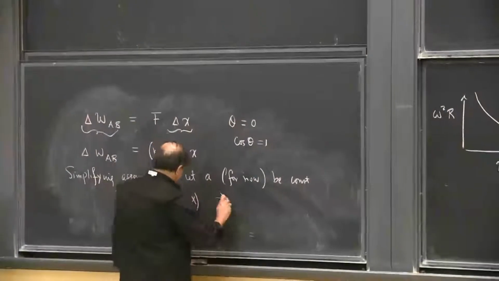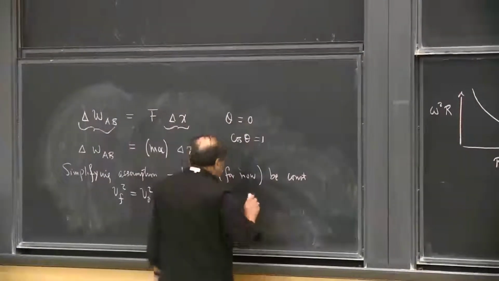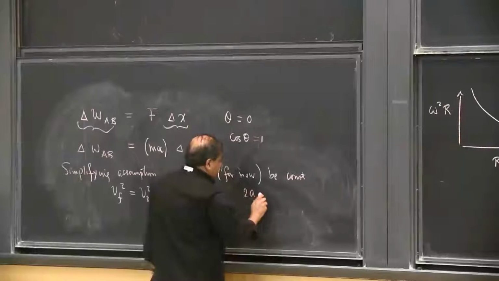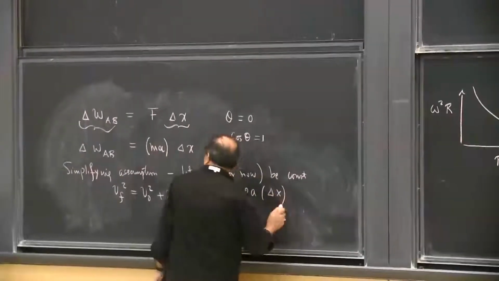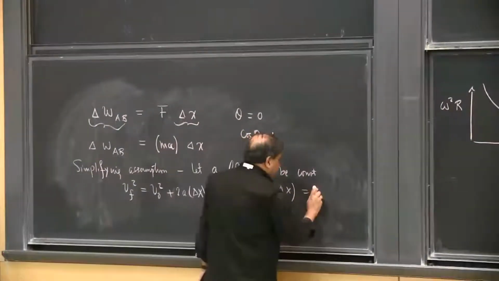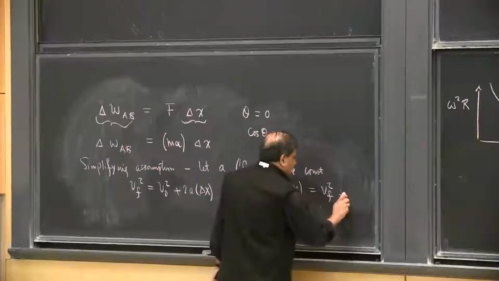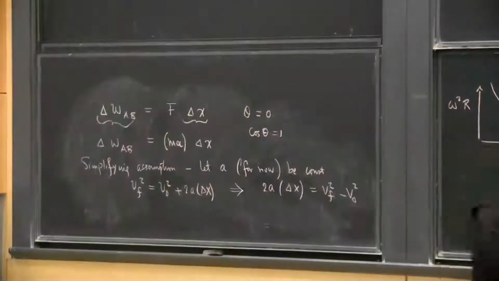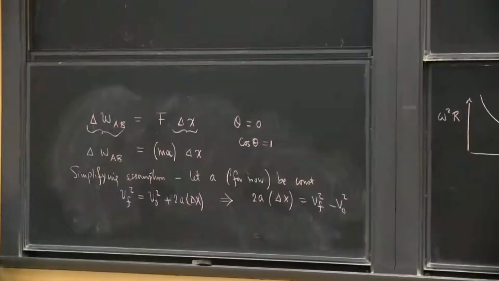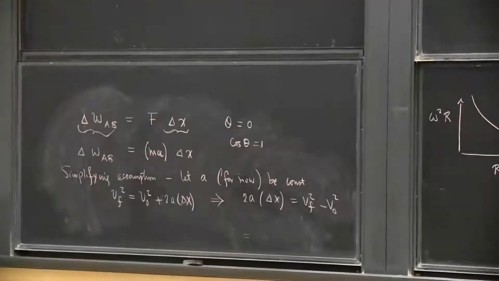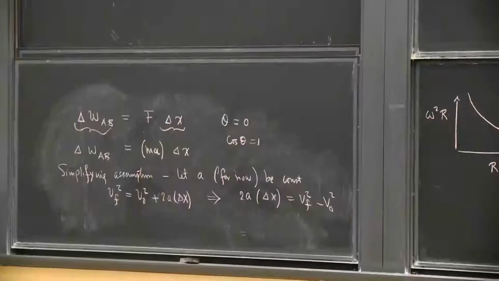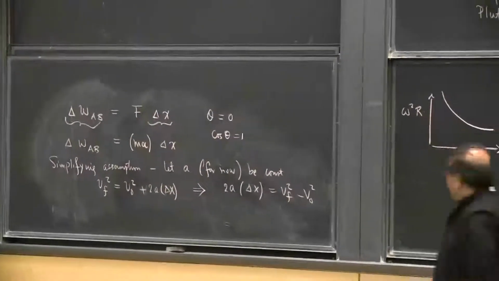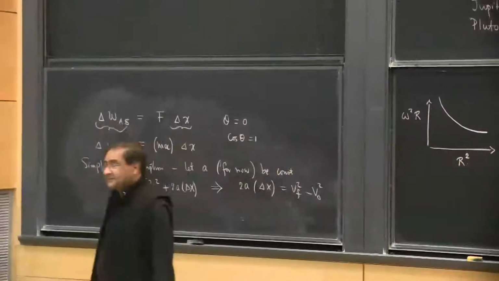So this implies I should be able to write 2a times delta x is v final squared minus v0 squared. Any objections? Am I misleading you intentionally? I could. I tried to do it sometimes. If I'm not, then I'm being too nice.